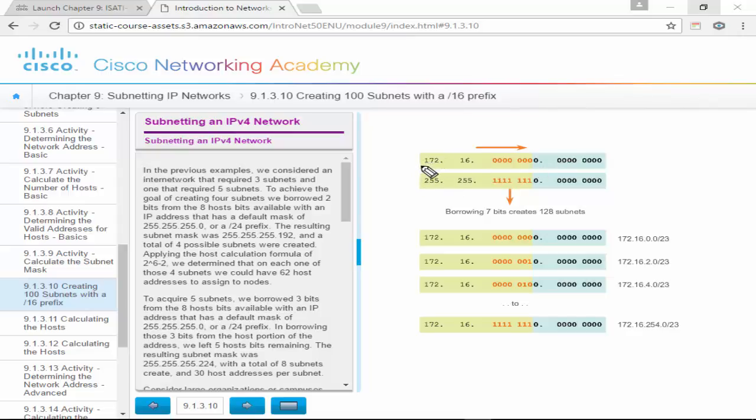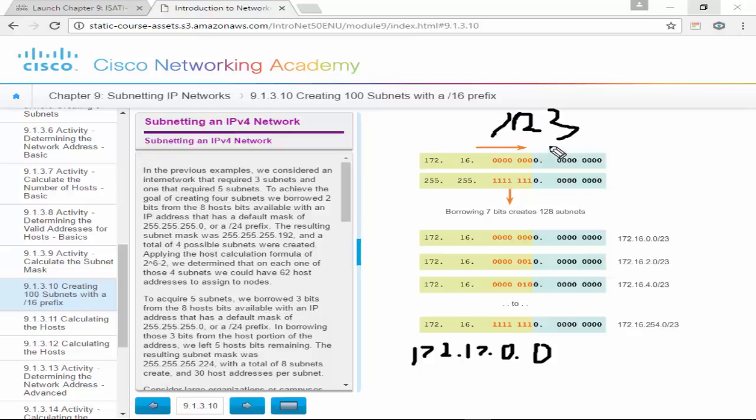And we have 128 networks from 172.16 to 172.17, that's actually what this is saying, .0.0. So between 172.16.0.0, we can subnet it with a slash, what was it? 1, 2, 3, 4, 5, 6, 7. 7 plus 16 equals 23.